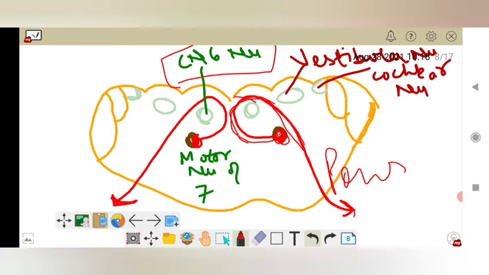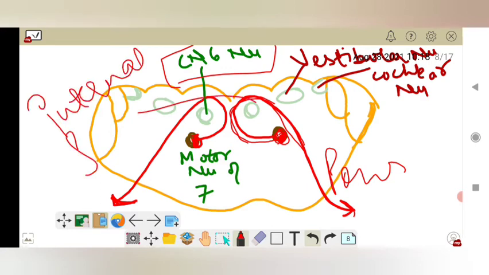So this is termed as the internal genu of facial nerve. This is asked in questions: how many genu or arches are formed during the course of the facial nerve? Two genu, internal and external. This is the internal genu, basically formed by the branchiomotor fibers which arise from the motor nucleus of the facial nerve.